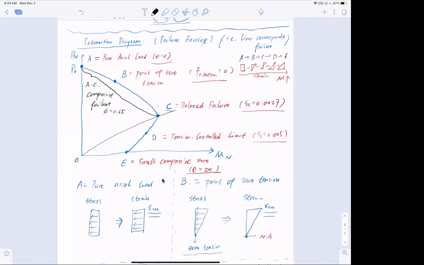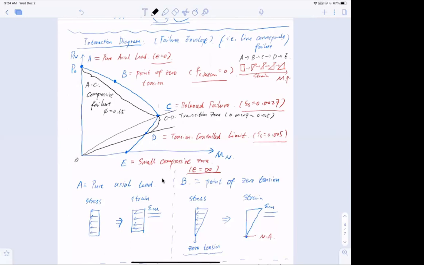Now, if I draw another line connecting 0 to D, this region from C to D is the transition zone, remember? Because it's all about strain in the steel, which is between 0.00207 and about 0.005.